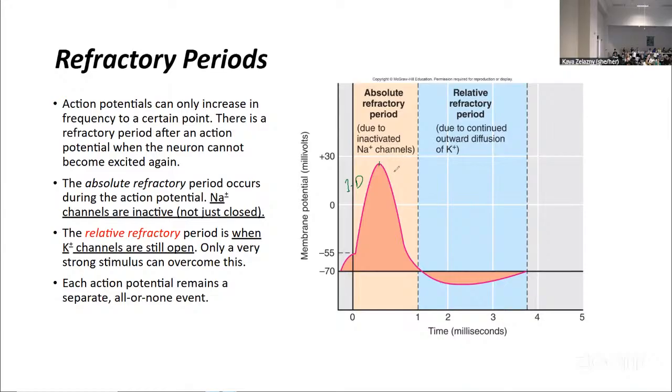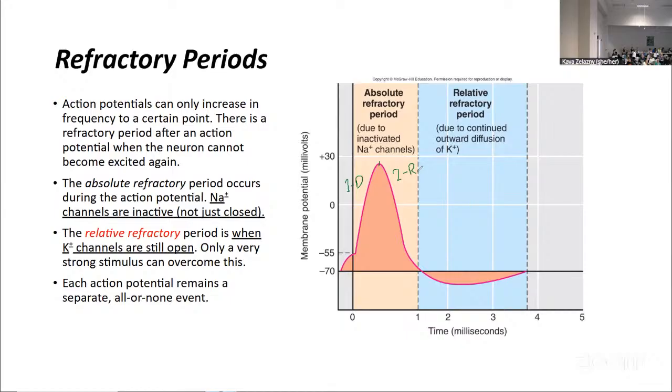Now, the second phase within the absolute refractory period is our repolarization. So now we have our membrane potential coming back down. We might initially think, okay, just send it back up again. But we can't do that because our sodium channels aren't just closed, they're inactive.